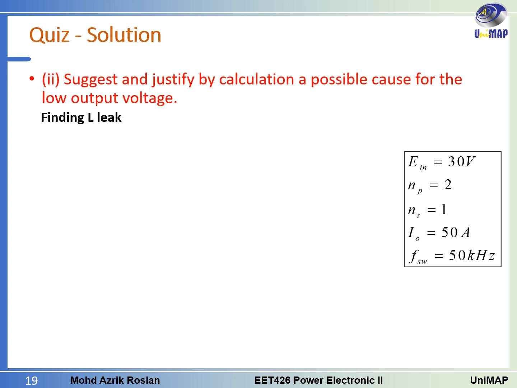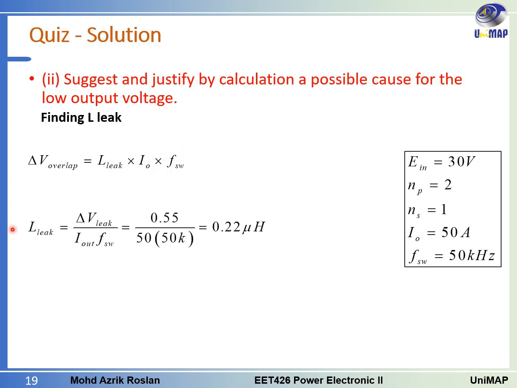Now we have to find the leakage inductance, because we know that the delta V overlap, which we already calculated just now, is equal to L leak multiplied by I out multiplied by the switching frequency.